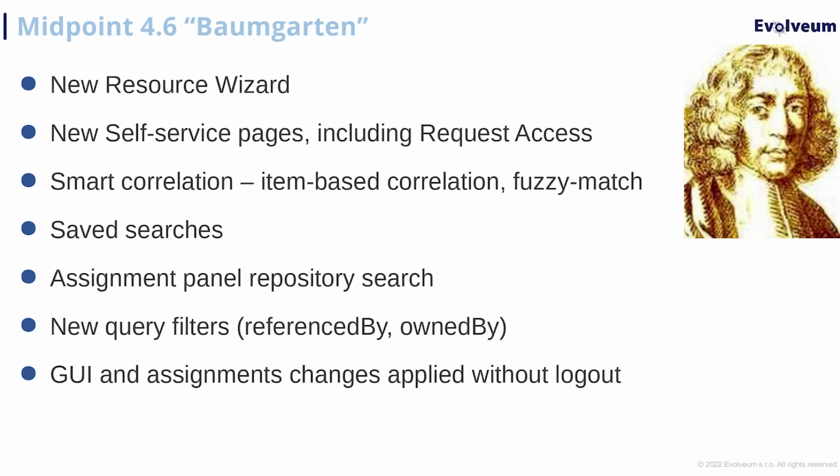Then there is smart correlation, especially item-based correlation, which allows either exact match or fuzzy match on the focal-like items. Saved searches on the GUI. Assignment panel can use repository search and quite complex filters, which is of course supported by these new filters. And finally, GUI and assignment changes are applied without logout. So that's for MidPoint 4.6.